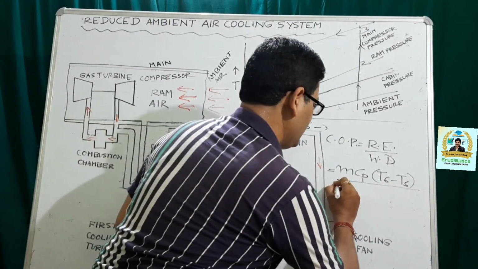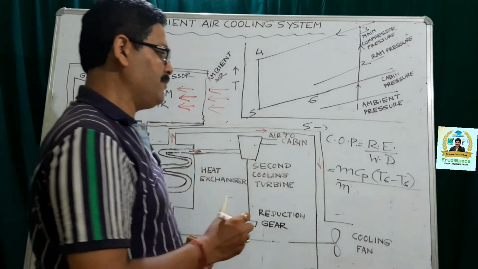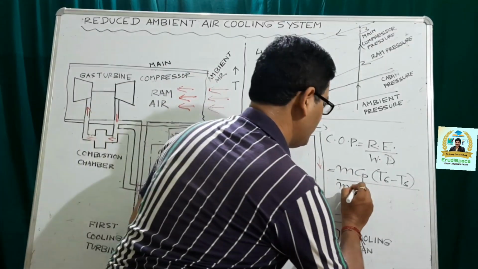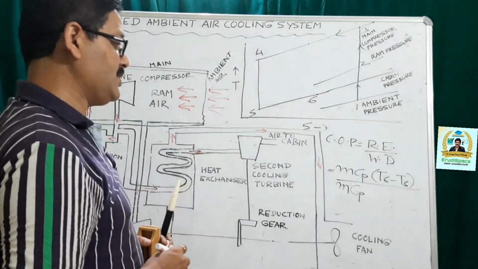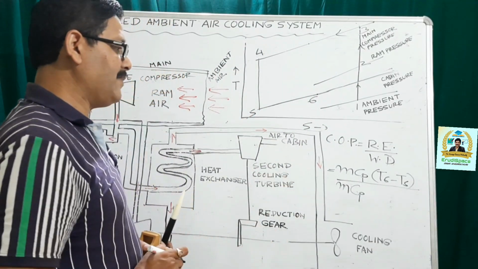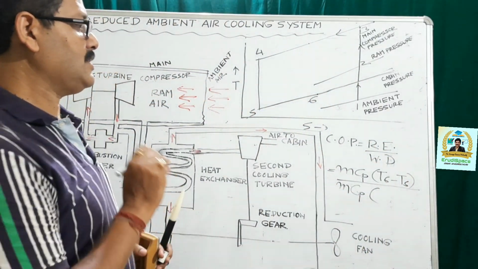Work done is mass of air that is bled off from the compression for refrigeration purpose multiplied by specific heat at constant pressure multiplied by the temperature difference.